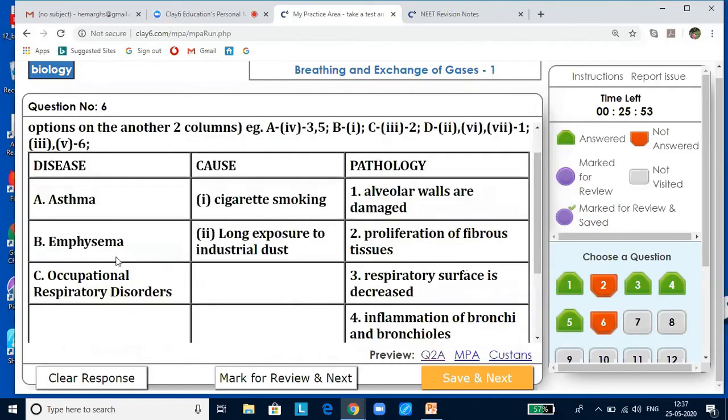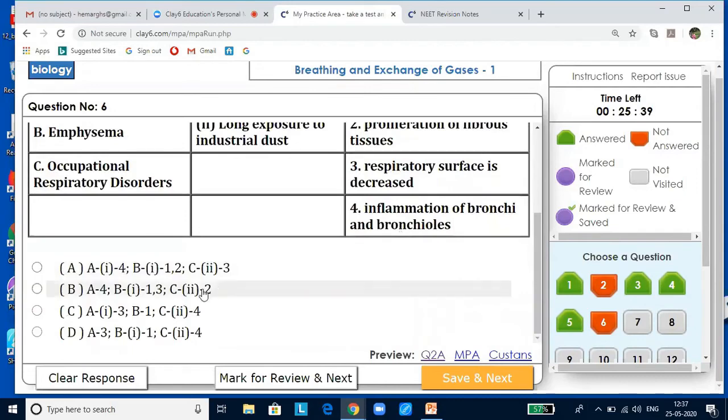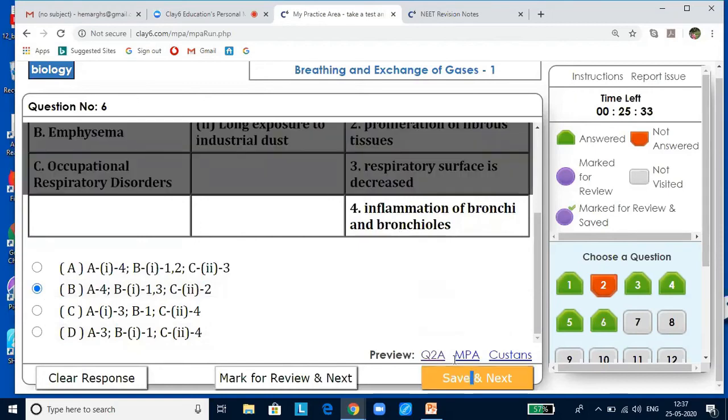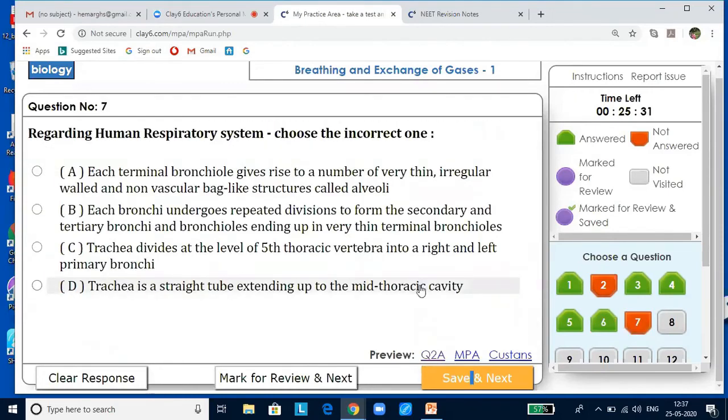So B is emphysema. It is due to cigarette smoking. Alveolar walls are damaged and respiratory surfaces decreased. So one is the right answer. Regarding human respiratory system, choose the incorrect one.